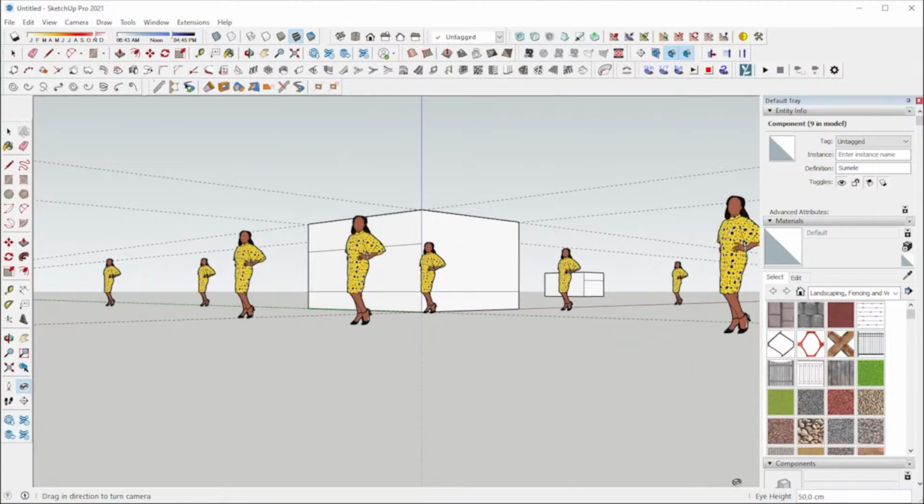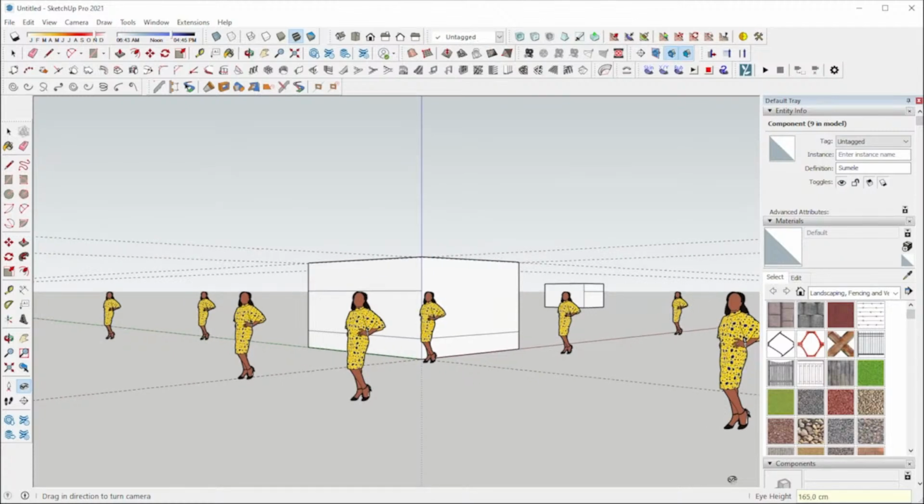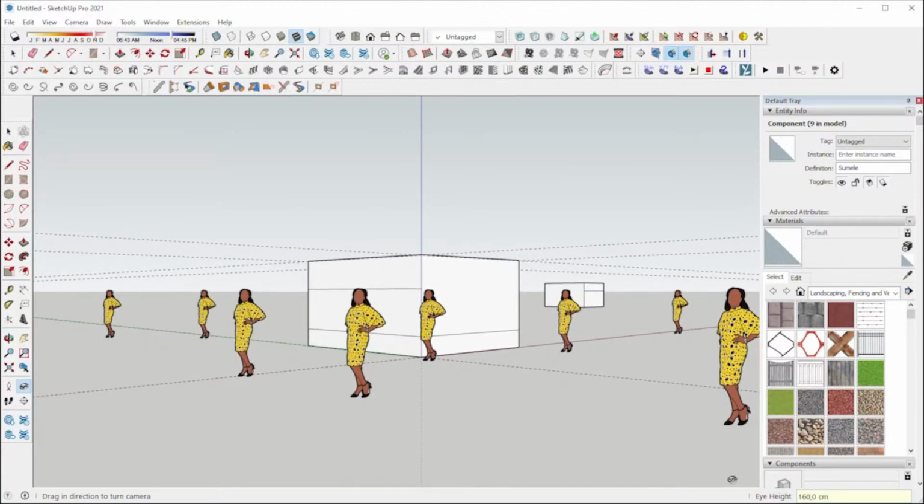If I change this to 170, 165, 160, yes, all the heads right now are on the same level as my eyes, like the others. I stand up and I take a shot or I make a sketch.